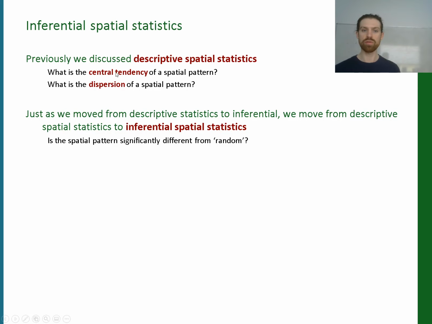So we were moving from central tendency and dispersion in those previous cases, whereas now we're starting to say, okay, is the data that we've got in our sample, our spatial points or our spatial areas that we've collected data for, has that occurred pretty much by random, or is there something significantly different from random there?